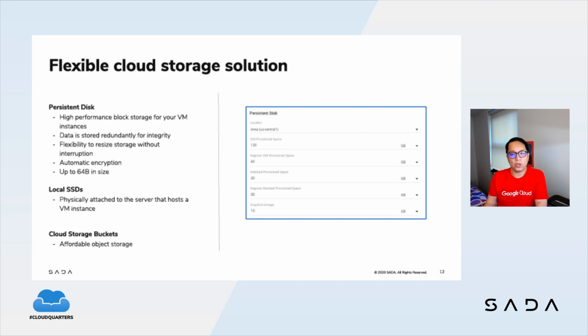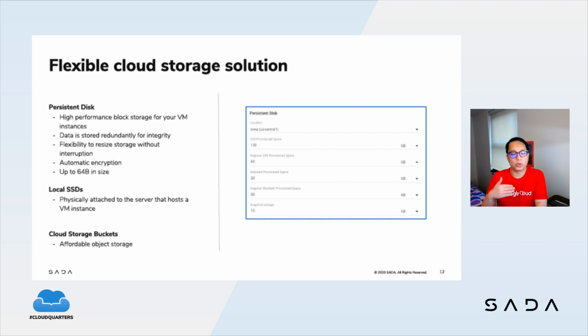But another good thing with GCE is that it is very flexible. We offer different kinds of storage. For example, we have persistent disk, which is HDD, hard disk, in various sizes, and you can automatically do encryption. You can provision up to 64 petabytes in size. Also, we offer local SSD for high performance access.